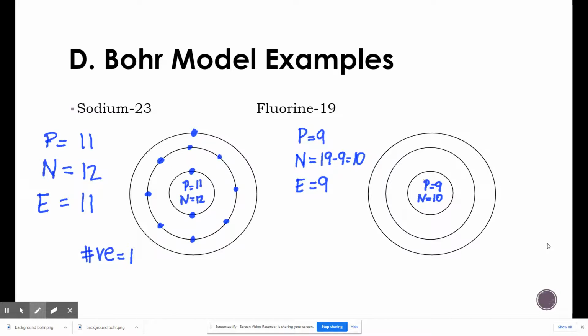Now I'm going to place my 9 electrons. Our first circle, first orbital, can get 2. Our next circle can get 8, but I only have 9 to place total, and I've already placed 2. So my second shell is going to get 7.